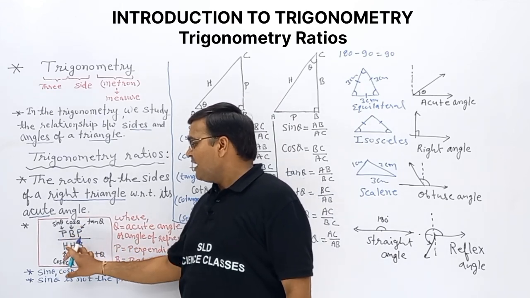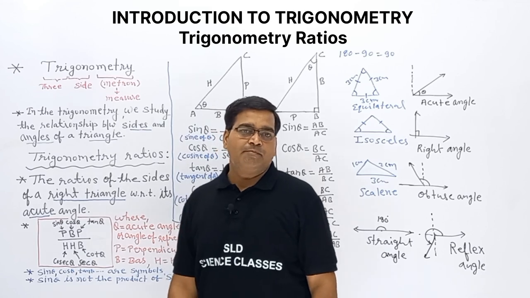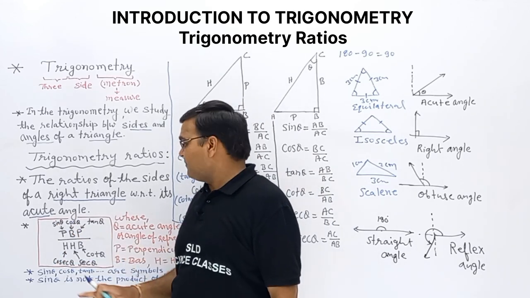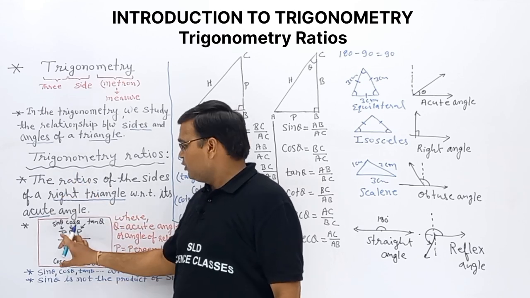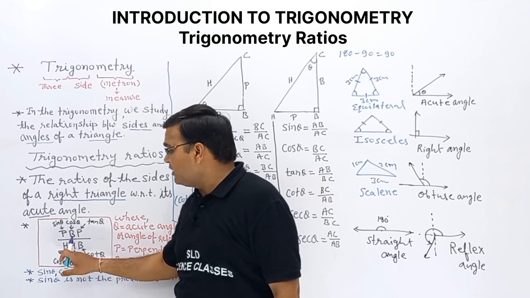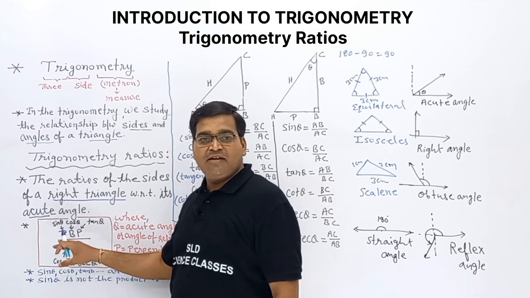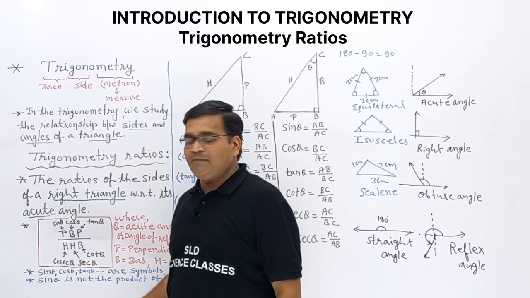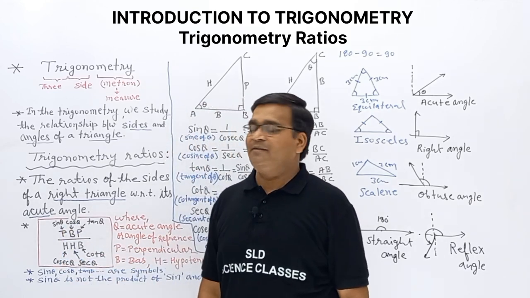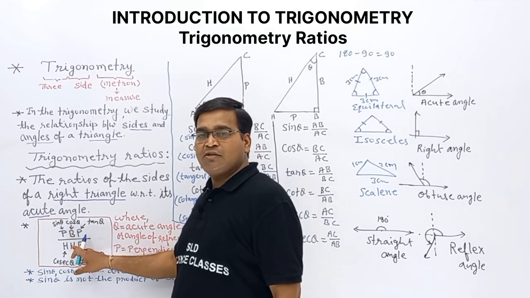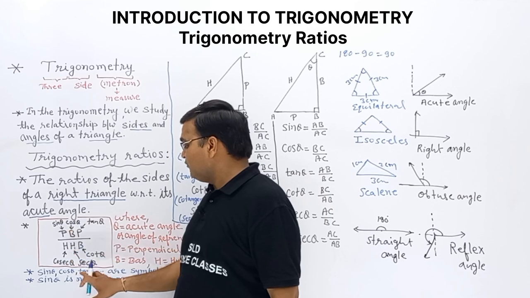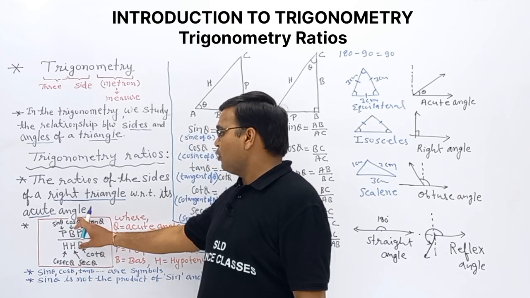P B P upon H H B. Memorize. What is this? The first ratio is showing sin theta, from top to bottom, numerator to denominator, sin theta, and once we go from denominator to numerator we write its reciprocal, h upon p. This will be what? Its reciprocal, cosec theta. P to h, p upon h will be sin theta, and h upon p will be cosec theta. B upon h will be cos theta, and h upon b will be sec theta, reciprocal of cos theta.